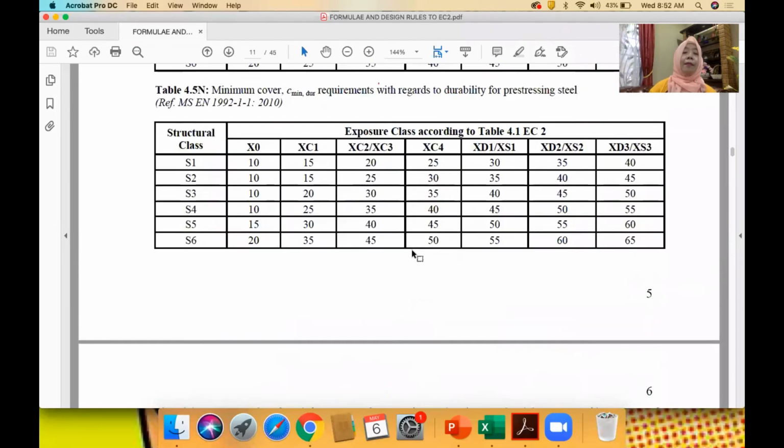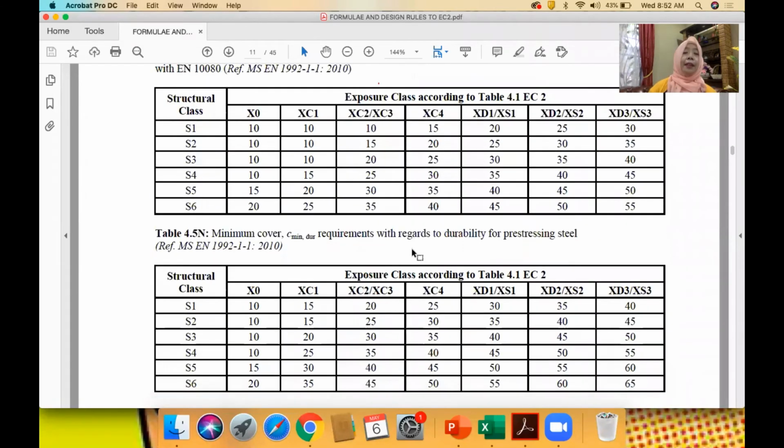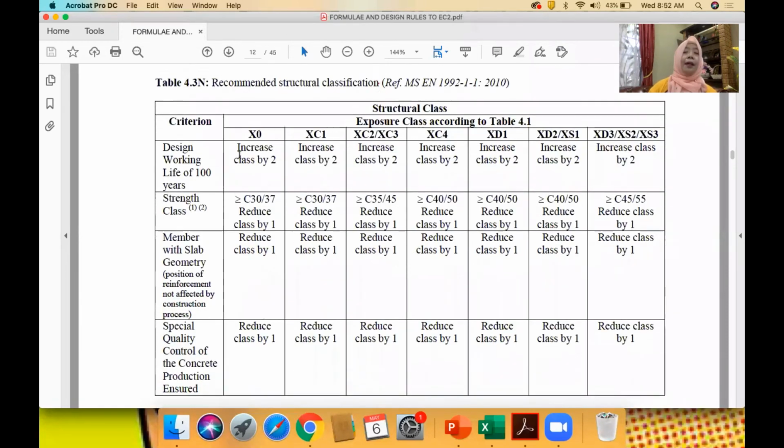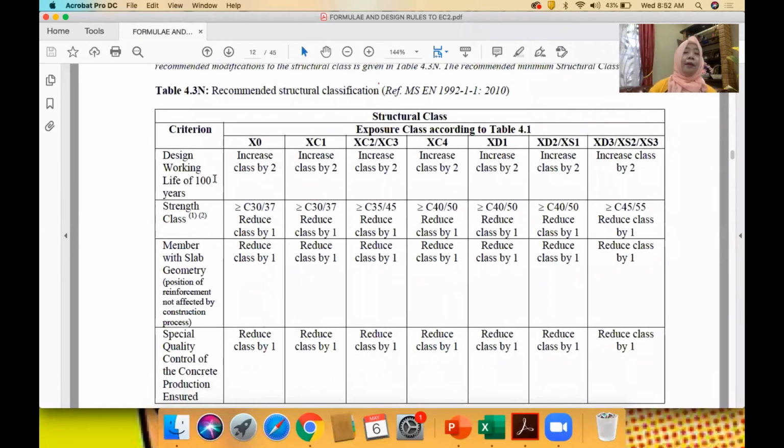Okay, we have XC3. This is the slab. Design working life. Remember last time, to determine the cover, before you obtain the cover, we need to calculate what S we require, the structural class. We must consider that the default is S4.